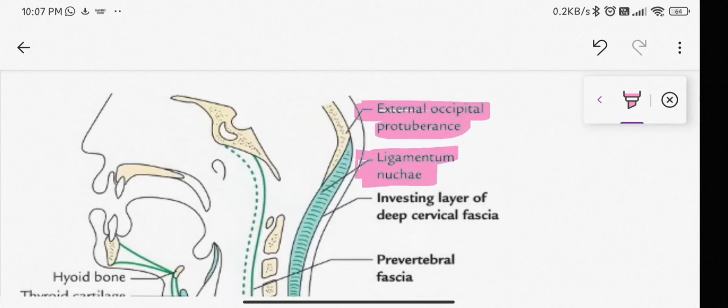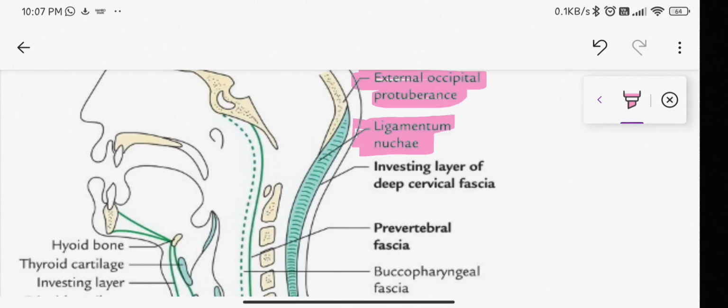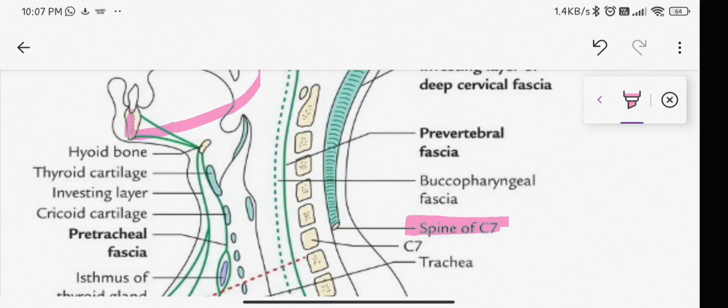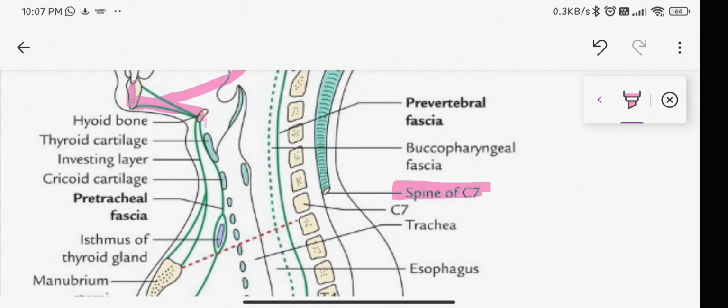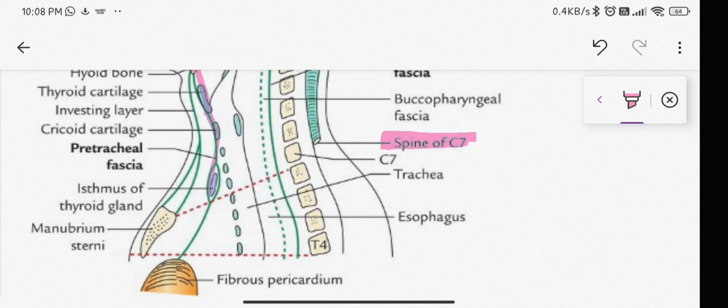And anteriorly, if we see, the fascia extends from here, then it reaches up to the cartilaginous part of the external auditory meatus, then the zygomatic arch, then the angle of the mandible, then the lower border of the mandible, then it reaches up to the symphysis menti. From the symphysis menti it goes down and connects with the body of the hyoid bone, then goes to the oblique line of the thyroid cartilage, then down to the cricoid cartilage, and again it goes down and fuses with the sternum by splitting into two layers.